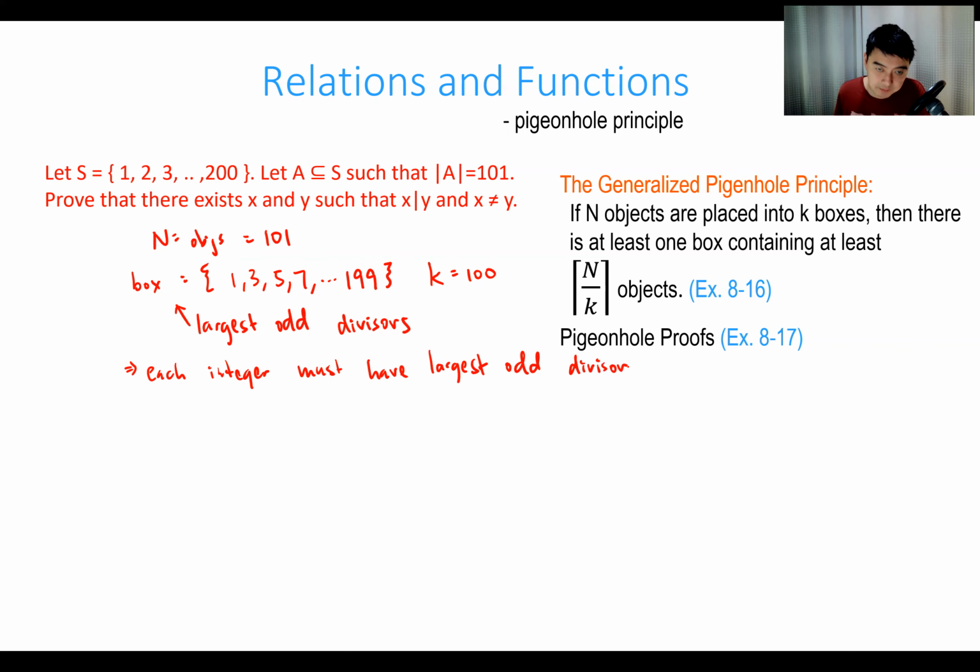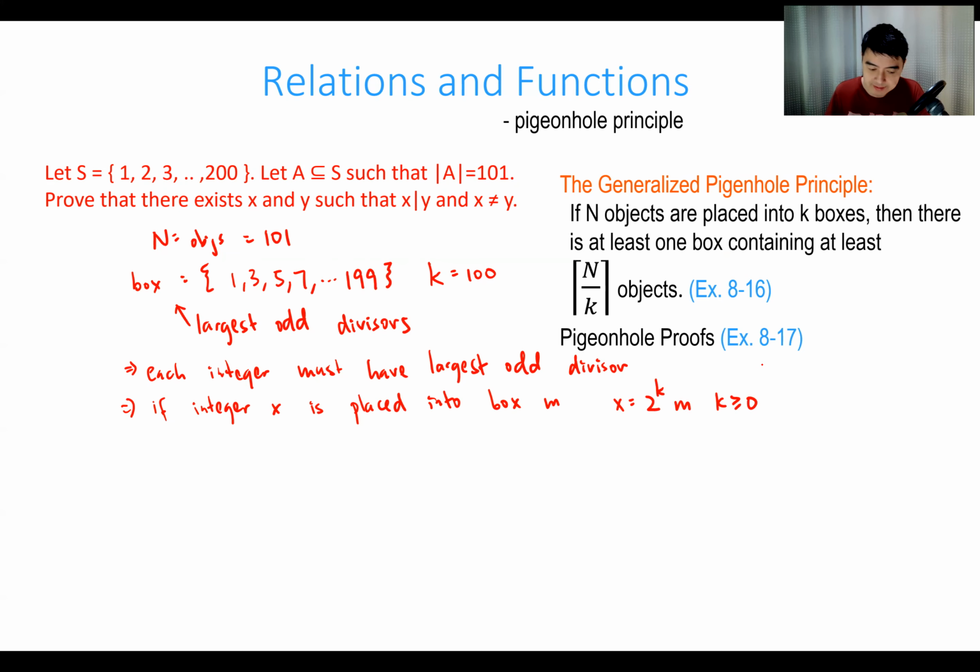What's next? If integer x is placed into box m, then we can write x as 2 to the k times m, where k is greater than or equal to 0. Why can I make this claim? Let's consider prime factorization.